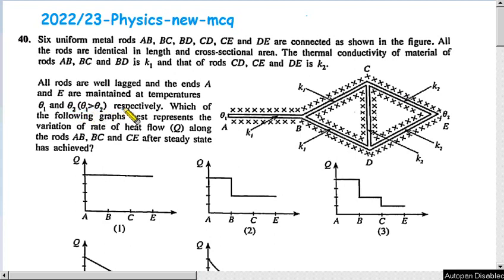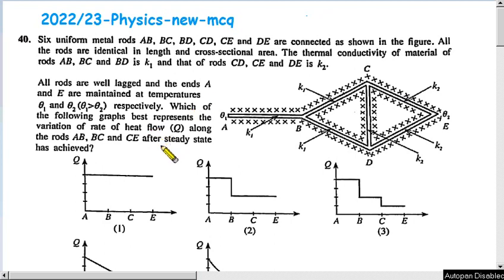Which of the following graphs best represents the variation of the rate of heat flow Q along the rods AB, BC and CE after steady state has been achieved?